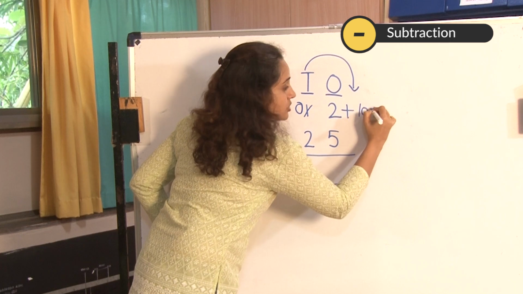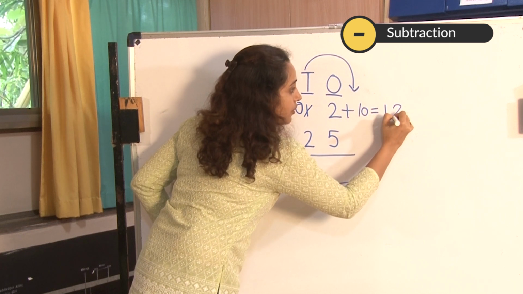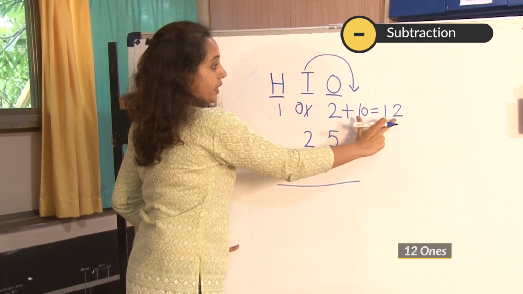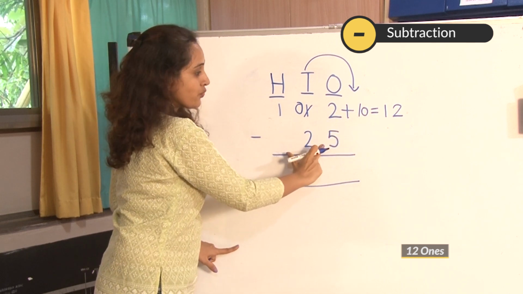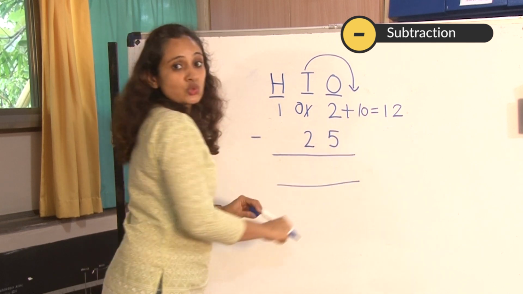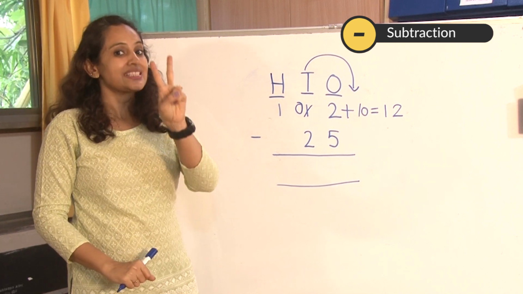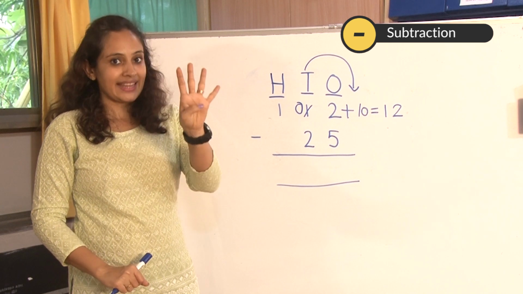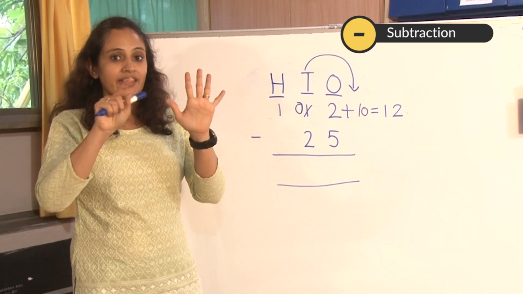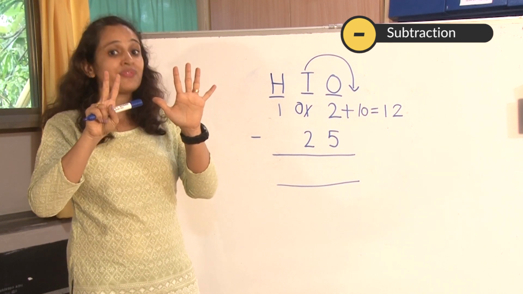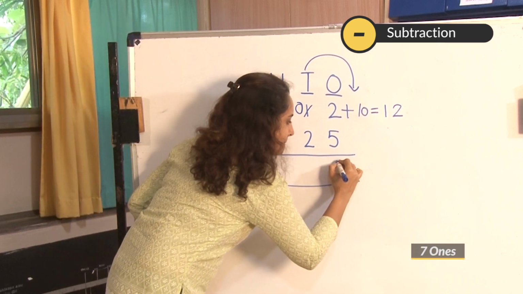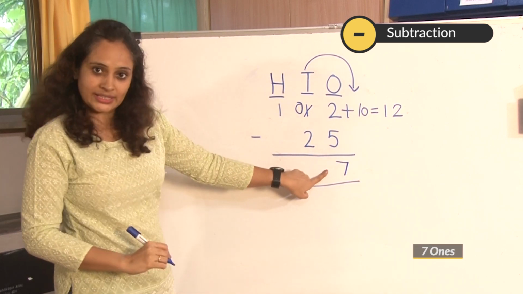Yes. So now in total I have 12 ones. Now I need to deduct 5 ones from 12 ones. And how much am I left with? Let's see that. 6, 7, 8, 9, 10, 11, 12. What do I have? 7 ones. So I'll write it under the ones place.